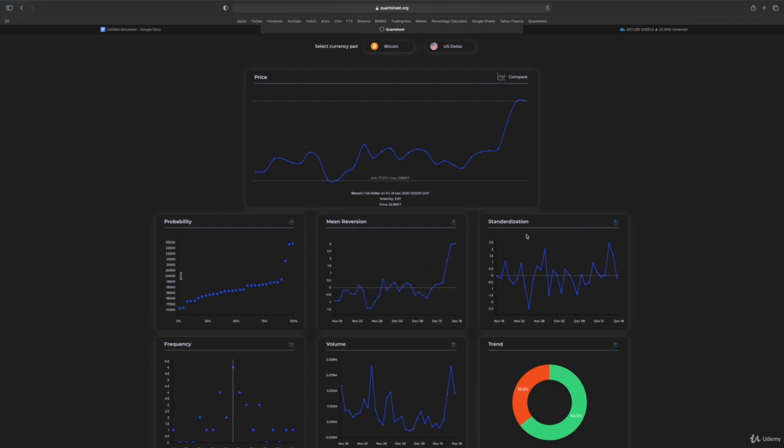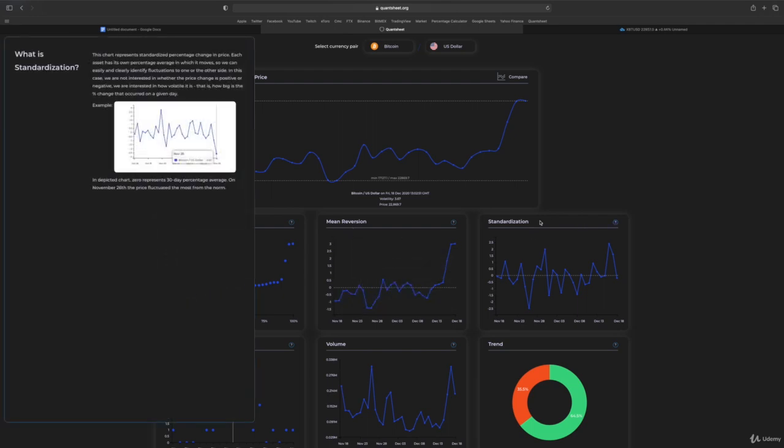And this represents price change. If you take a look at this chart, it represents percentage change in price. Each asset has its own percentage average in which it moves, so we can easily and clearly identify fluctuations to one side or the other. We are not interested in whether the price change is positive or negative.